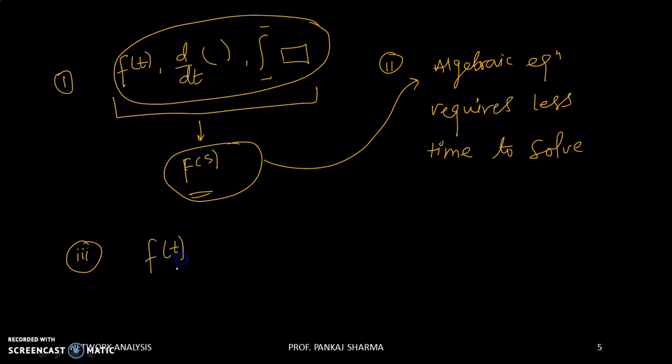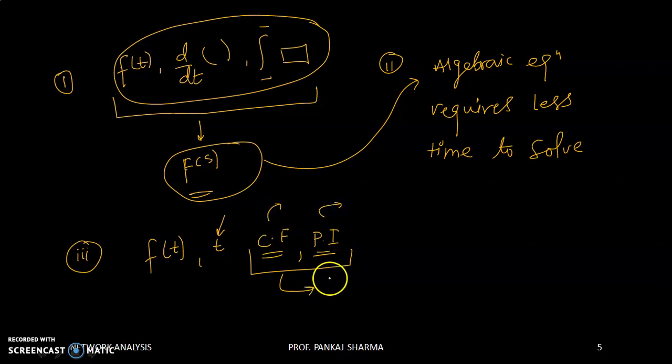That is, if the system is f of t and we are performing in the time domain, one has to find the complementary functions and the particular integral, PI, for the complete solution. For the complete solution, it is required to find complementary functions and particular integral.